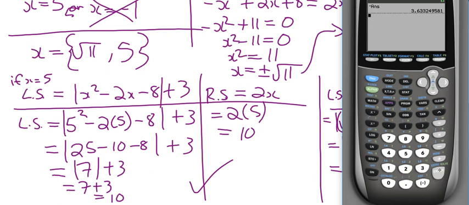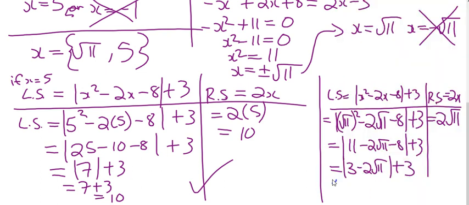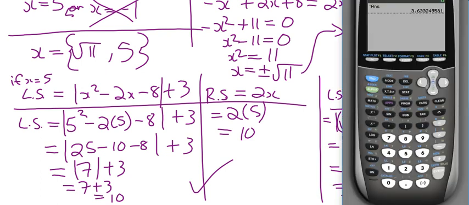So that's 3.632, 6 point whatever 63, and 2 root 11 is 2 root 11. So if you add 3 to this, you're going to get this.